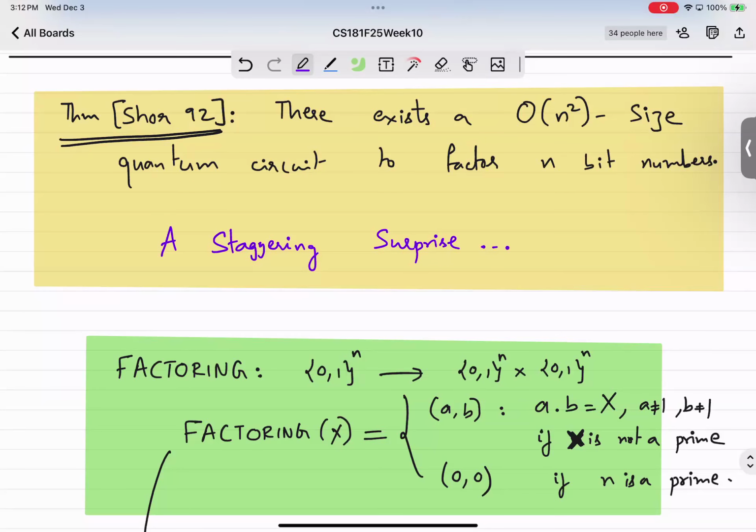Okay, any questions about the statement of this result? We're not going to do the proof of it, but if you're interested, there are some other classes that our department offers which go into it. All right, it involves Fourier transforms and lots of really beautiful math behind it.